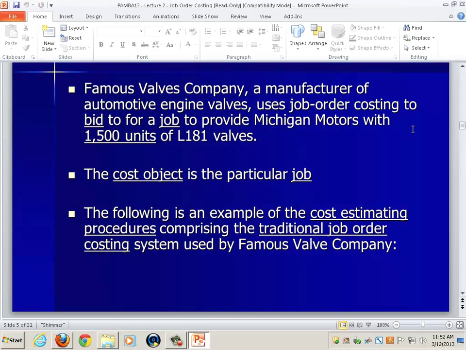It may be an official bid or it may be unofficial negotiations, but you may want to explore a contract with Michigan providing them with a product. The bidding means that Michigan would want to contract, and part of the contract would include the price. So you have to agree on the price that Famous is going to charge for those 1,500 valves.